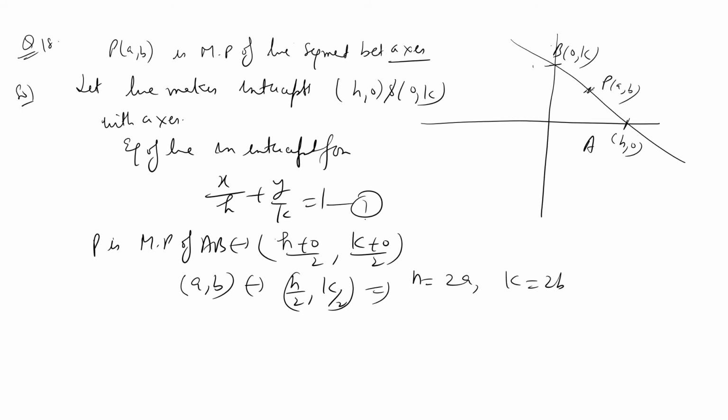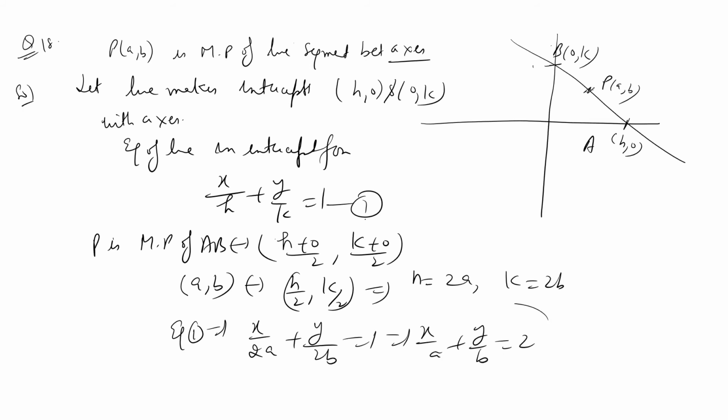Now put it in equation number 1. It becomes x upon 2a plus y upon 2b equal to 1, which implies x upon a plus y upon b is equal to 2, the required answer. In the previous question it was the midpoint, but here it is dividing the segment.